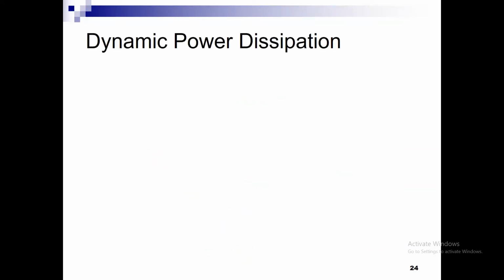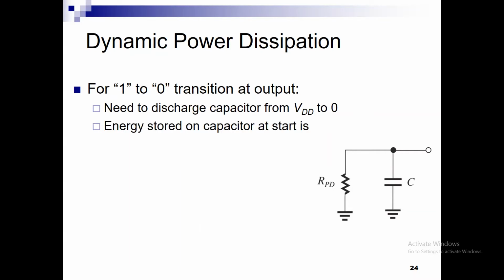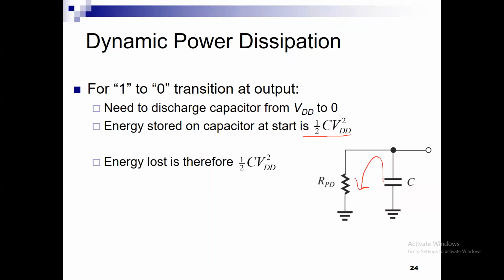So let us now look at here. Here they're telling me that for the transition from 1 to 0, assuming that our pull down is small in relation to our pull up, so we're going to ignore our pull up. What's going to happen is that the capacitor will be discharged mainly through the CMOS transistor, and the energy stored on the capacitor at the beginning is half CVDD squared, and then we are going to lose all of it because we are discharging the capacitor when the voltage is around 0.